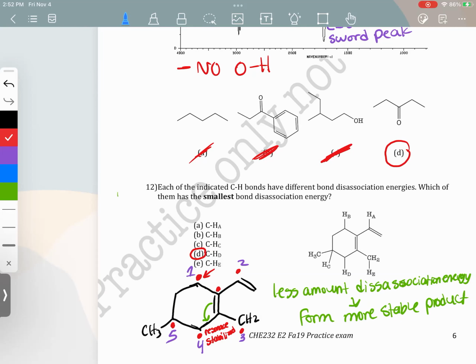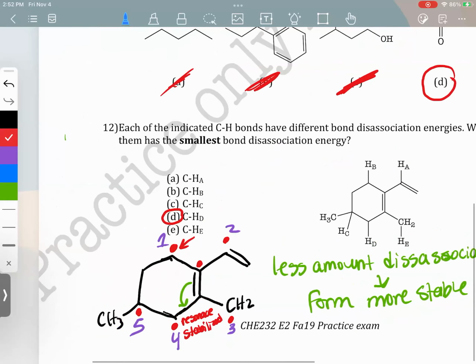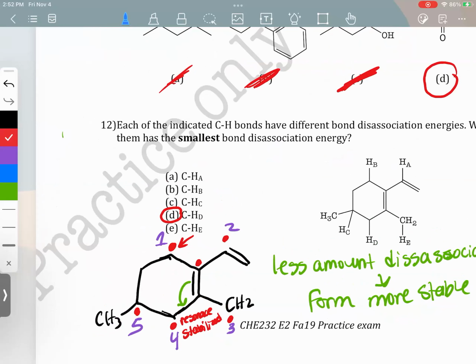Now, suppose this question asks which of these bonds would take a greater amount of dissociation energy to break it. Which one do you think it is? Isn't it just A? It would be A because that is an sp2 hybridized carbon that you're breaking the hydrogen bond from.